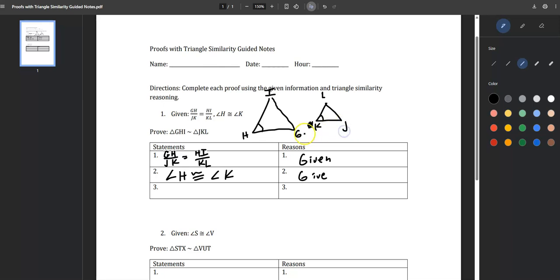What this is saying is the proportion from G to H and J to K. For example, let's just say this is 4 and this is 2, just for common sake.